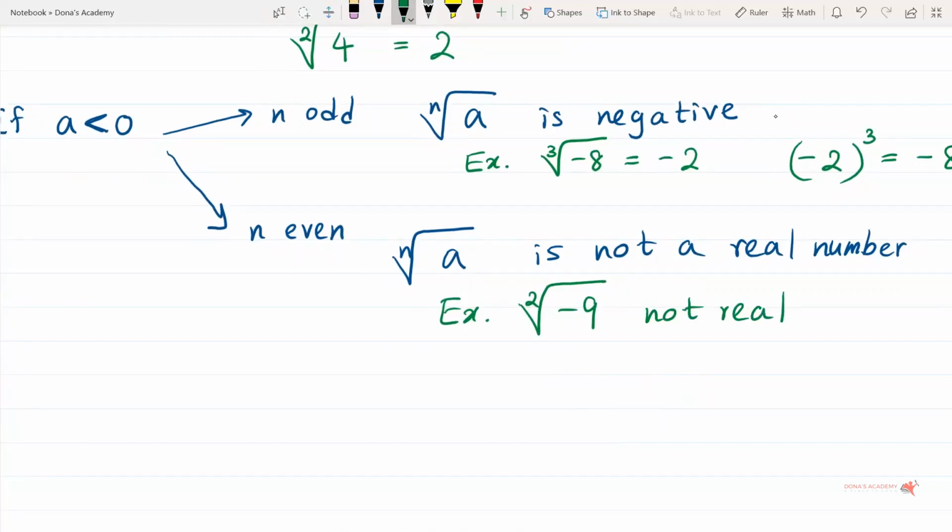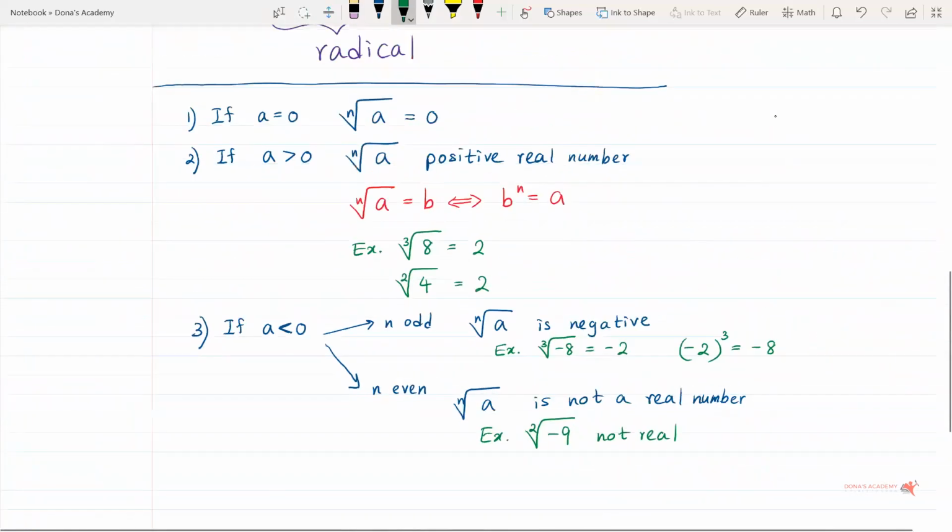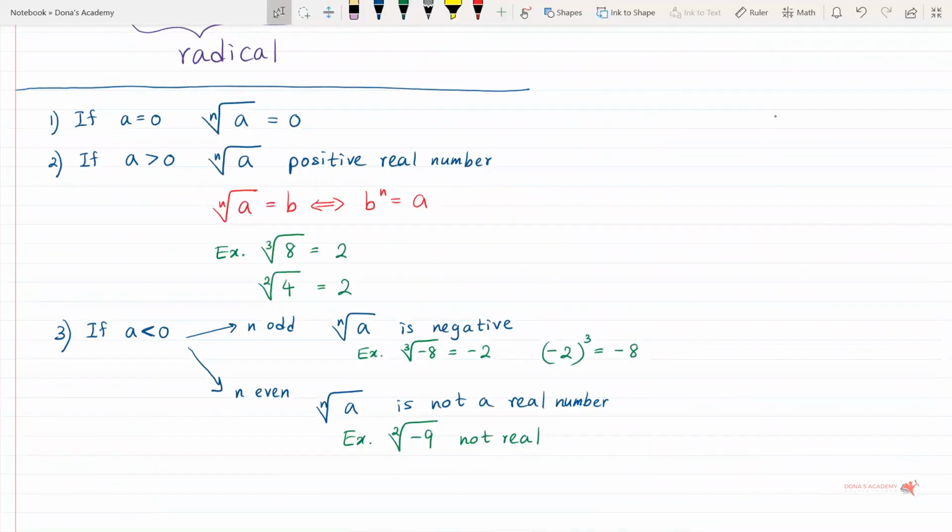All right. Okay, so we considered three definitions for radicals. Three definitions means three cases, kind of, right? For any n, if a is 0, I mean the radicand is 0, then the radical is going to be 0 for any n. Second, if a is positive, the radical for any n is going to be a positive real number.